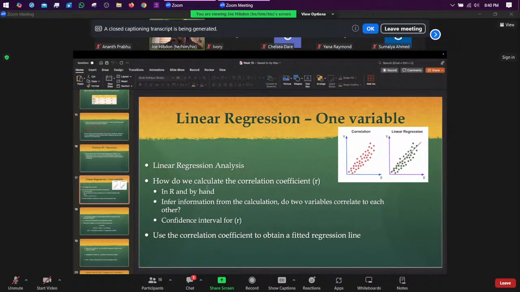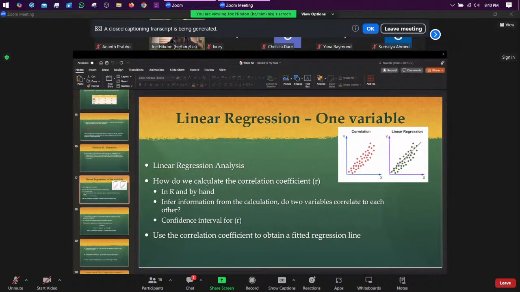I'm going to tell you right off the bat, I'm not going to do a problem by hand, ever. Everything else we've done so far in class, I've done by hand at least once. I've never calculated the correlation coefficient by hand.